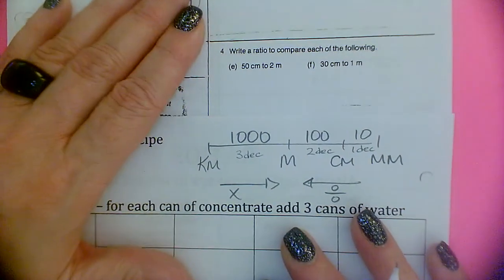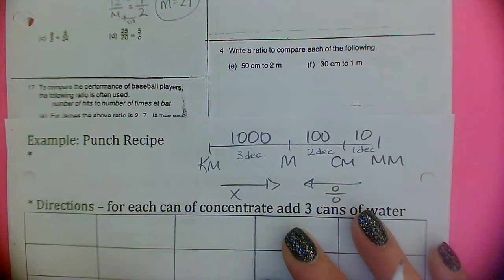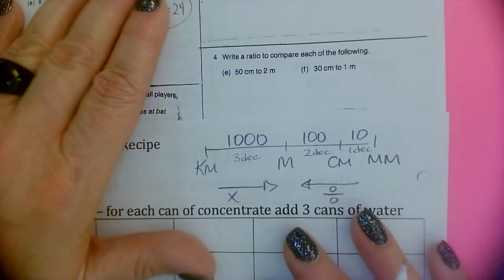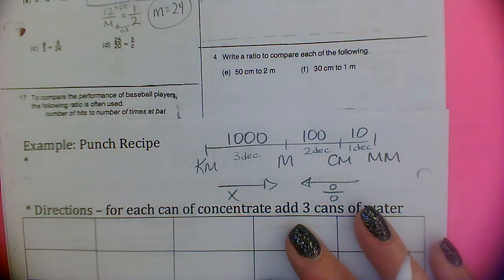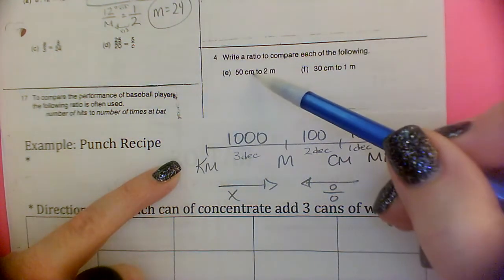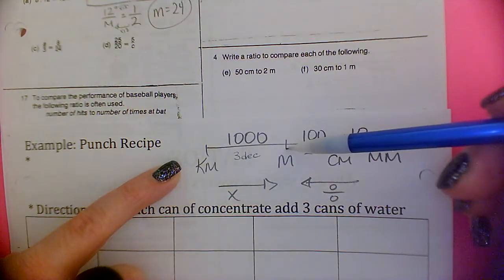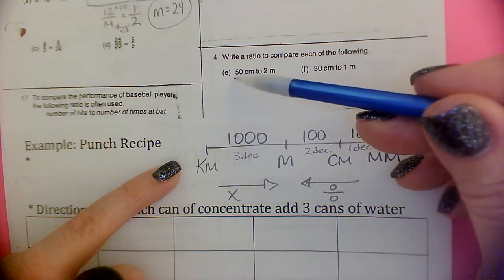So if I'm looking at 50 centimeters and 2 meters, I generally want to take my largest and put it into my smallest, because that will reduce getting decimals, right? If I put centimeters into meters, I divide by 100 and get decimal 5.